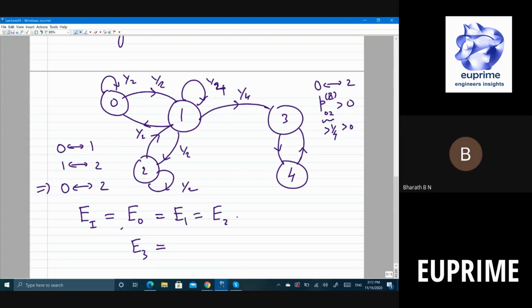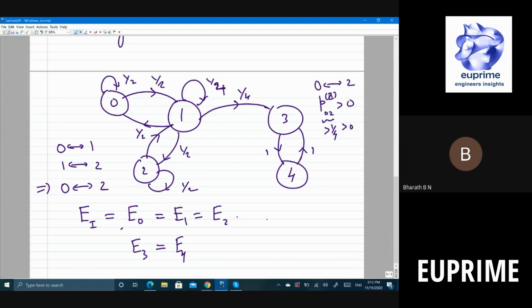But from 3 you cannot come back to 1. Do you agree? If you are in 3, you are gone. There's no way to get back to 1, going back and forth. So that means E3 is nothing but 3 and 4. 3 can talk to 4 and 4 can talk to 3. Therefore, it's the same as E4.